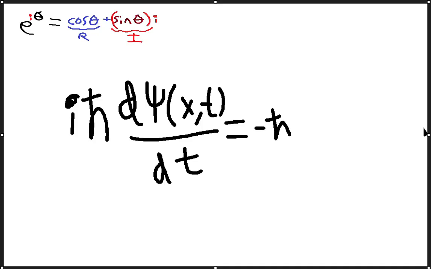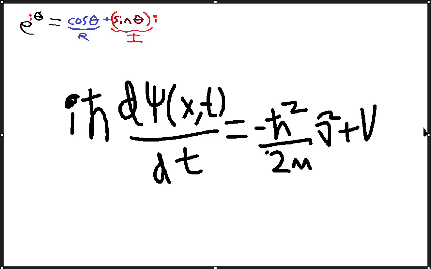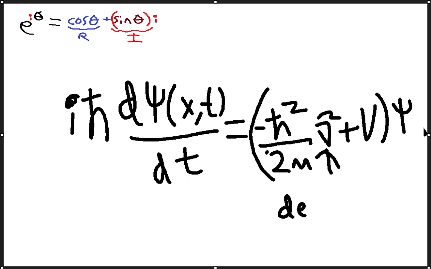Negative h bar squared over 2m times del squared plus V of x, all that times psi. Oh, and in case you didn't know, this bit is a derivative as well. It's just a shorthand for writing space derivatives.